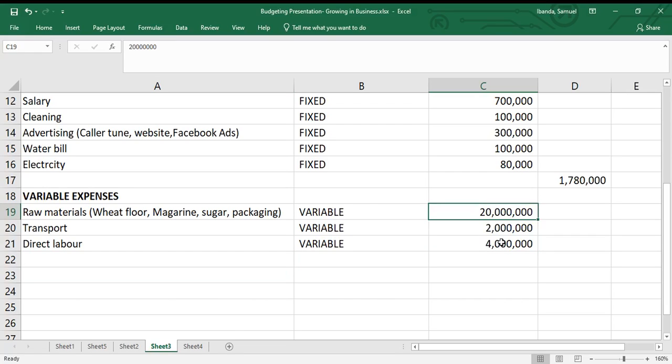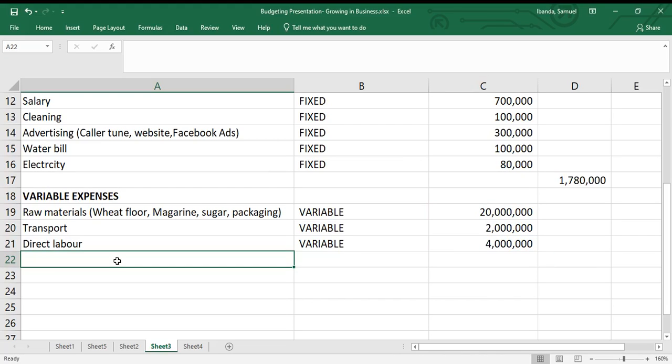So it's important for you. And then one of the things you could also plan around, direct expenses other than the raw materials, transport, and labor, is packaging.